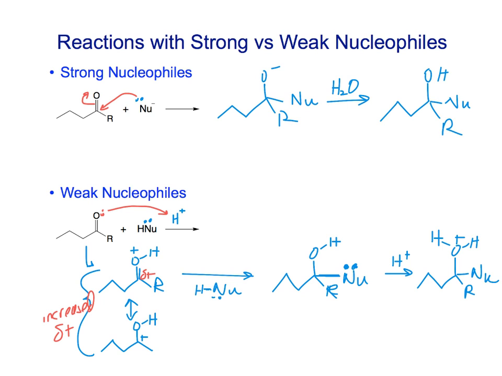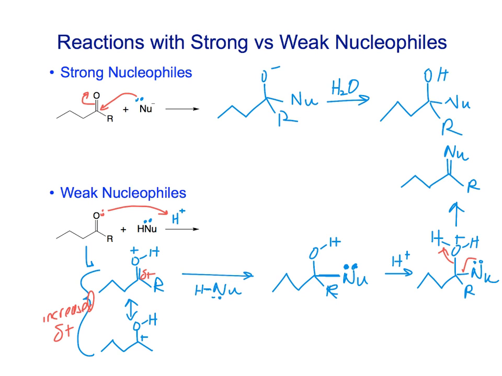And then those electrons on the nucleophile can push onto the oxygen. And so what we end up with is something that looks like this, with our nucleophile and our R like this.